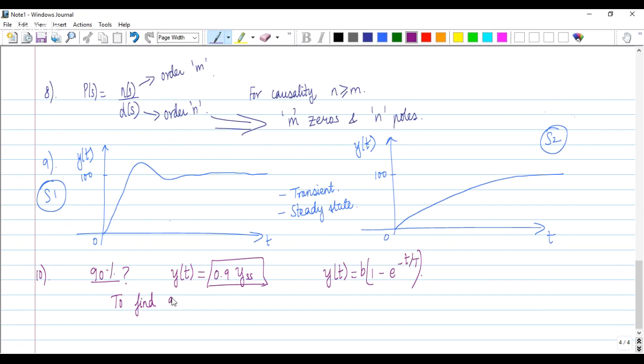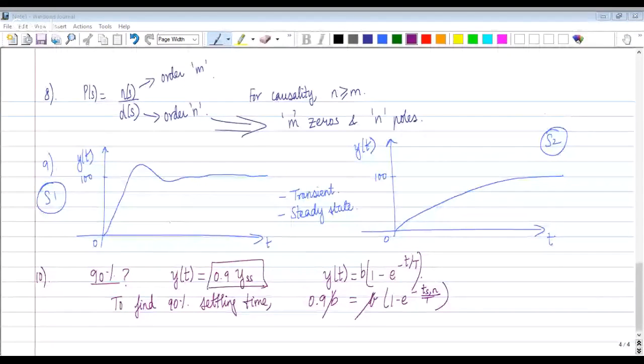So what you do is you can substitute y of t to be 0.9 b, and then that will be equal to b times 1 minus e to the power of the new settling time divided by capital T. Then you solve this and get the expression for the value of the new settling time.